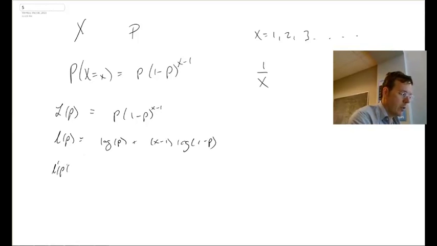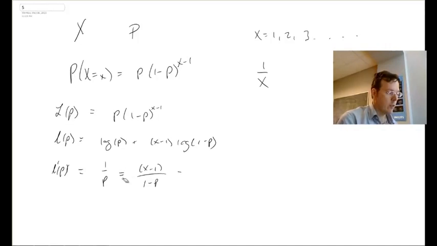The log likelihood prime with respect to p is 1 over p minus x minus 1 over 1 minus p. Oops, there should be a minus sign there. Set that equal to 0.